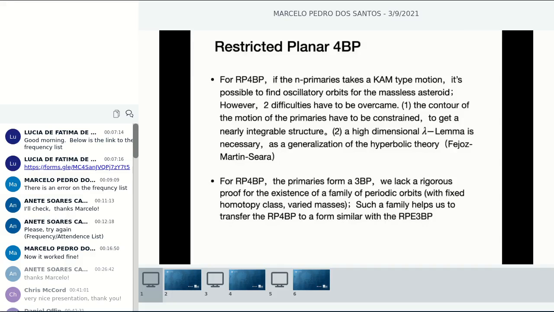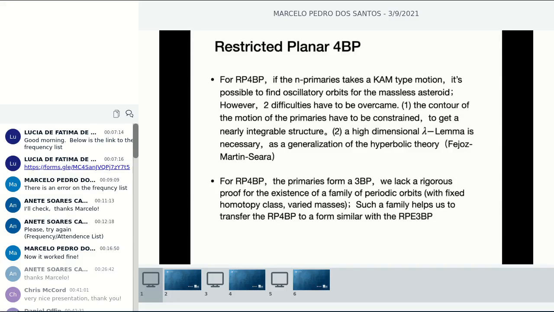So instead we consider the following case. We let the primaries make a certain periodic orbit, but this kind of periodic orbit has some stability, in the sense that if we vary the masses, it still persists.